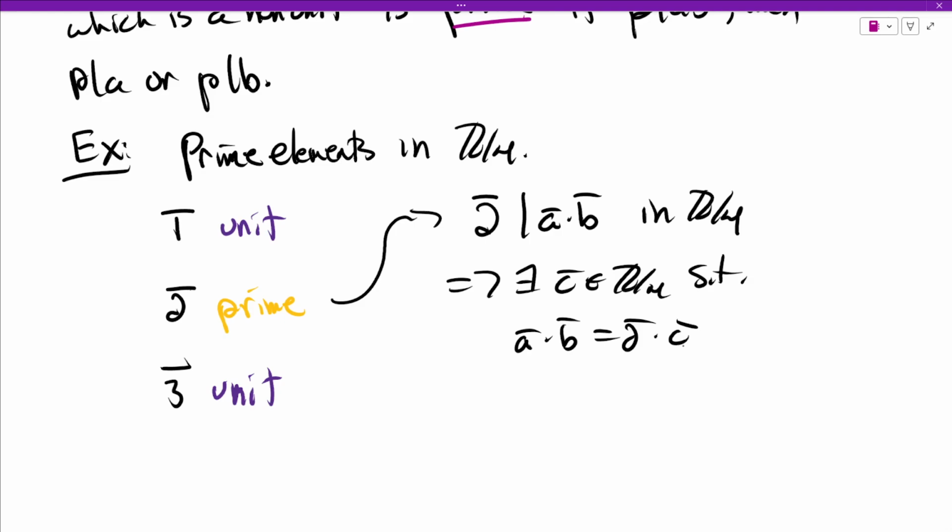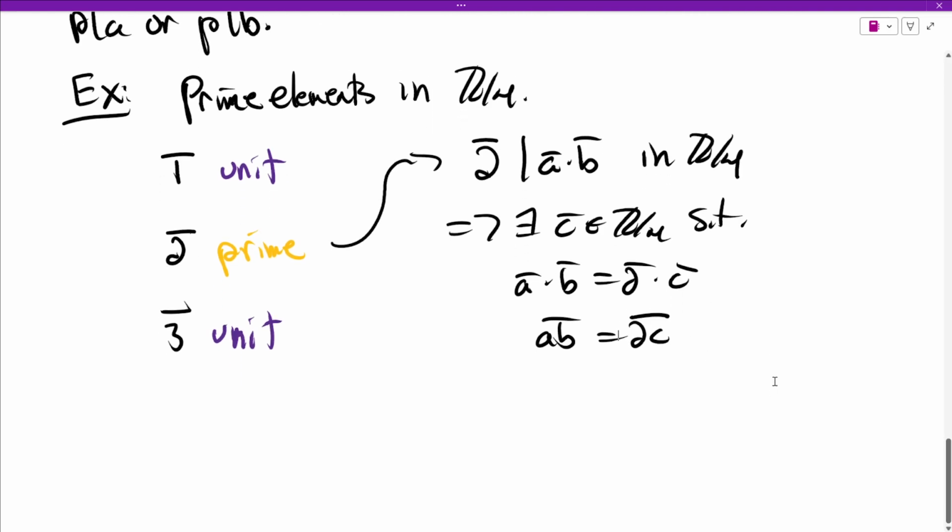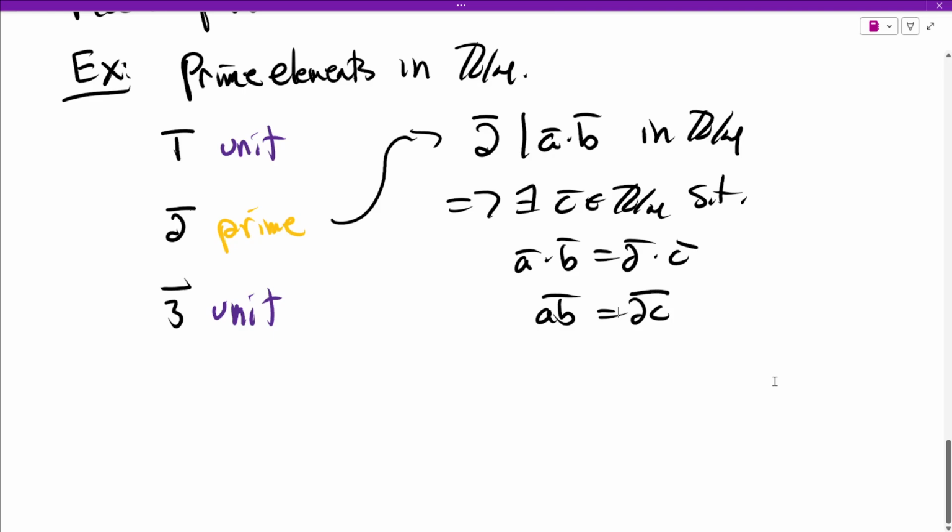Well, we can write this as an equality of elements in Z4. And what does it mean that ab bar is the same as 2c bar? Well, it means that they define the same equivalence class in Z mod 4. In particular, their difference is a multiple of 4. So this tells us that, if we take those integer representatives, ab minus 2c is some multiple of 4.